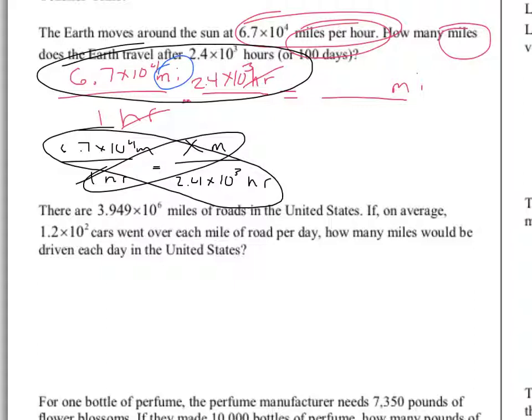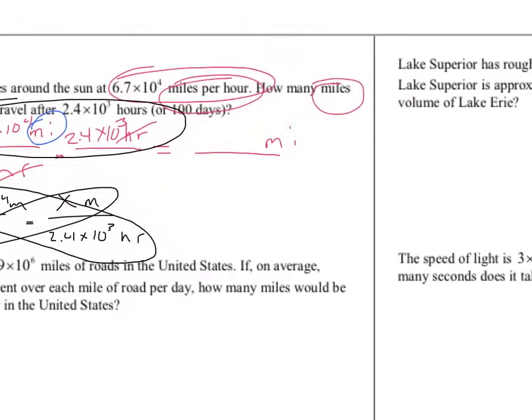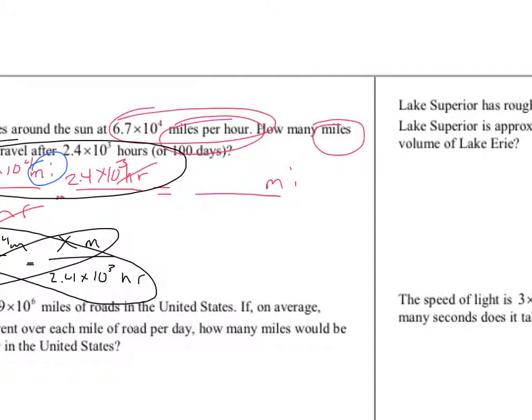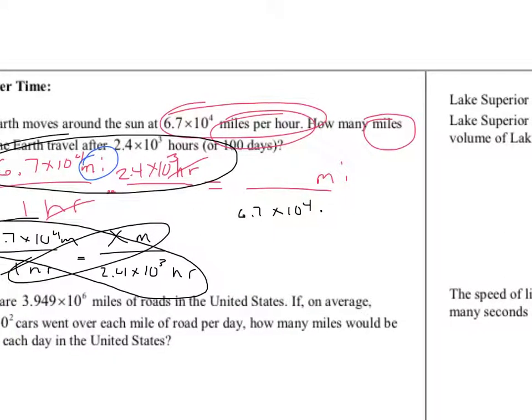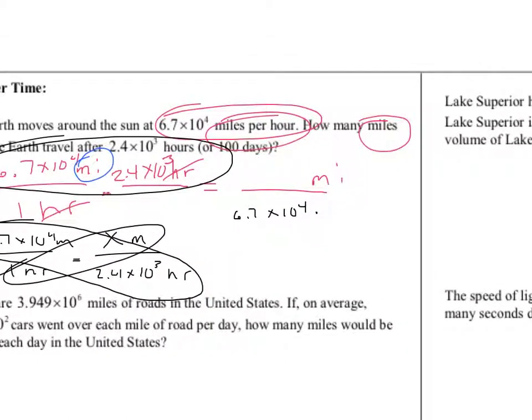So what we see is that this problem is really only asking us to multiply the two scientific notations together. 6.7 times 10 to the 4th times 2.4 times 10 to the 3rd. How do I go about this multiplication?